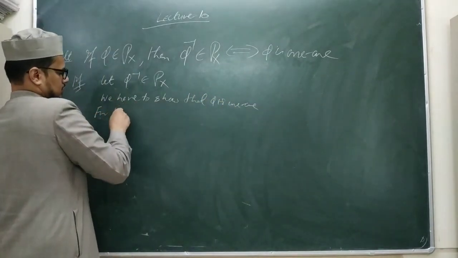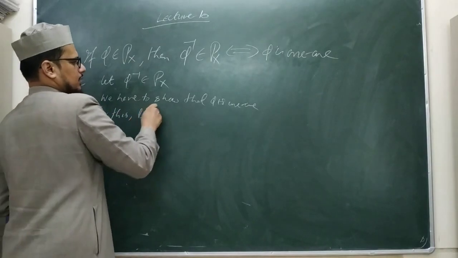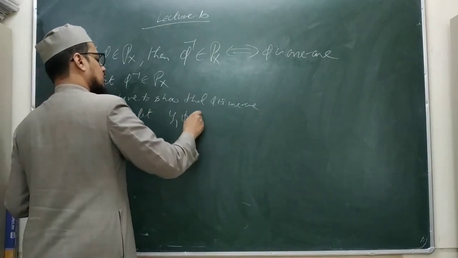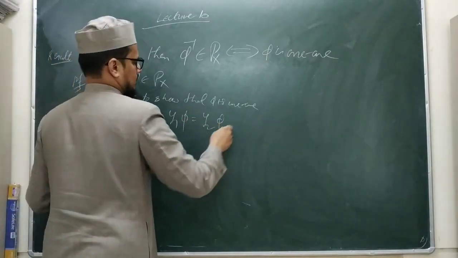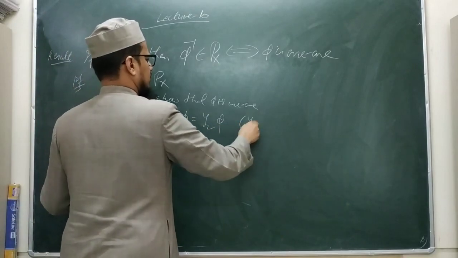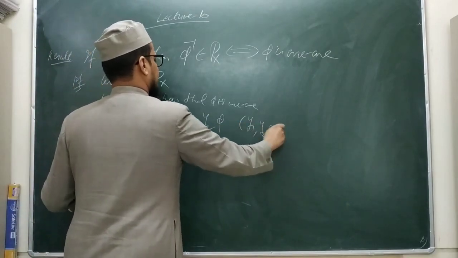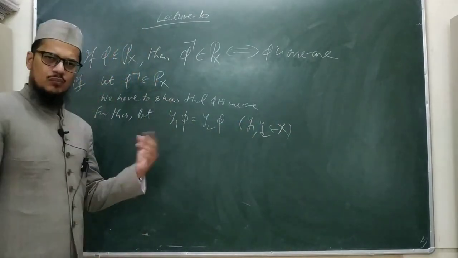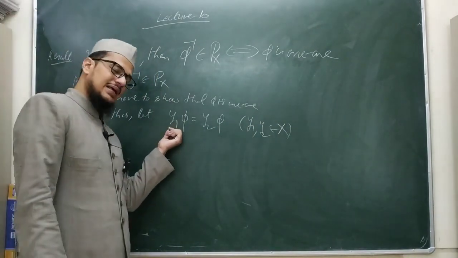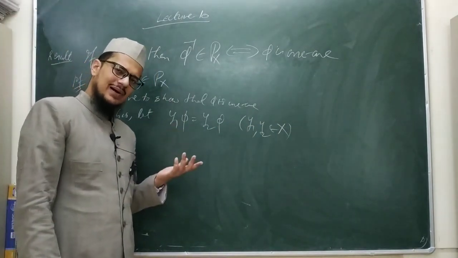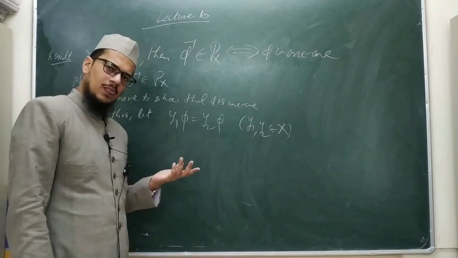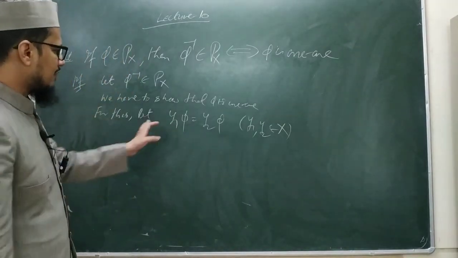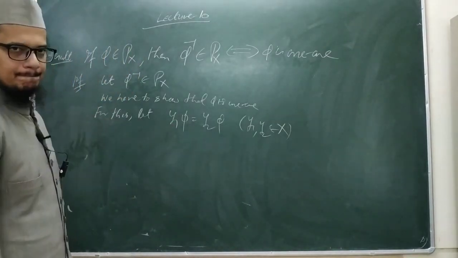For this, let y1 phi is equal to y2 phi, where y1 and y2 belong to X. Remember, in this book the elements are taken on the left side. It's a matter of writing. Both are correct. So y1 phi is equal to y2 phi.